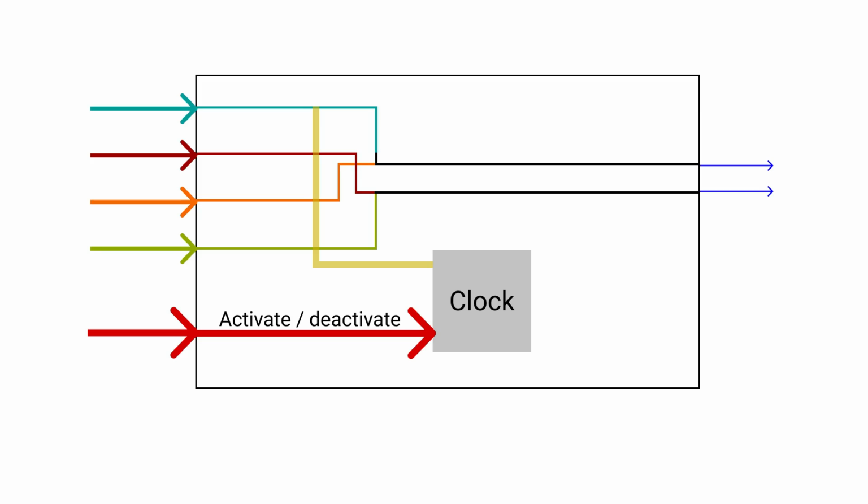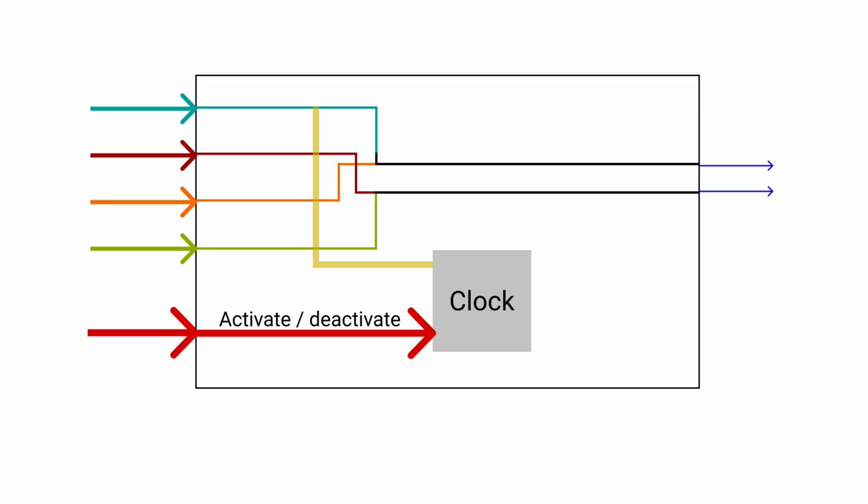To activate and deactivate the clock, we simply take the control line from the memory, because the control line will be on whenever there's something to send, and will be off whenever there's nothing to send. So if the control line of the memory is on, we activate the clock, and whenever it gets off, we deactivate the clock. And then we need to remember that we have a sync signal before everything.